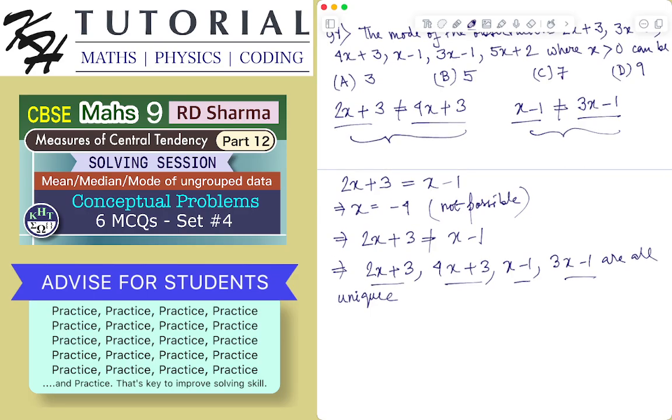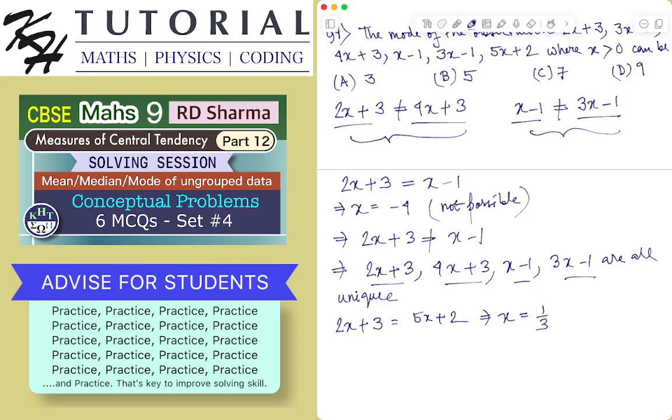So that we get a value of x which is greater than 0. So 2x plus 3, can it be equal to 5x plus 2? Is it possible? x will be equal to how much? It is possible, I think: 3x will be equal to 1, so x will be equal to 1 by 3.